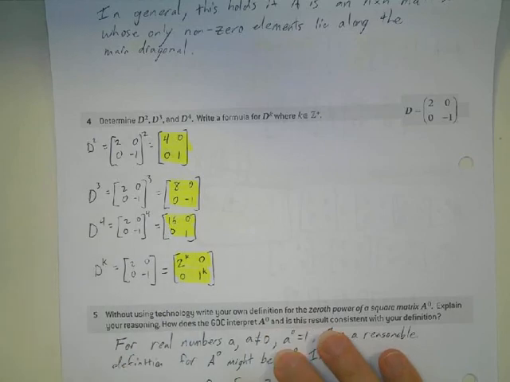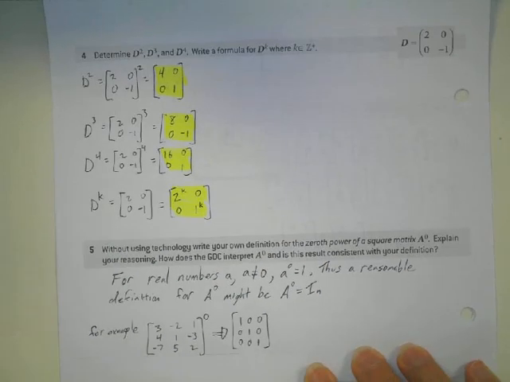Okay, so as long as the a value is not equal to 0 and anything to the 0 power is 1, it's reasonable that if I have a matrix to the 0 power, we're going to get the identity.